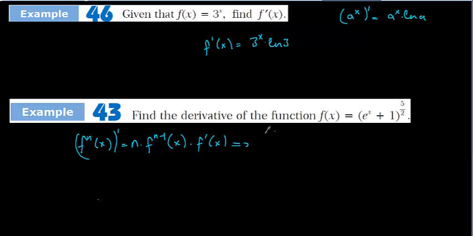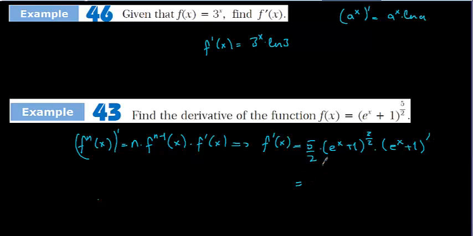So with respect to that one, f derivative x is equal to 5 over 2 times (e to the power of x plus 1) to the power of 3 over 2 times (e to the power of x plus 1) derivative.